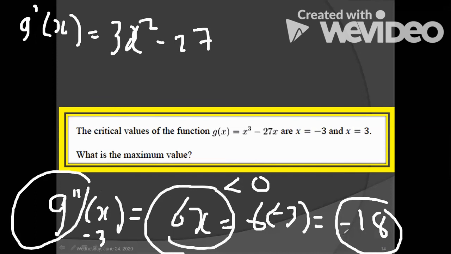Previously I said that if the second derivative is less than 0, is negative, then the function is a maximum. If it's more than 0, it is positive, hence it's a minimum stationary point or critical point. If it is equal to 0, we call that a point of inflection. I hope you guys get that.